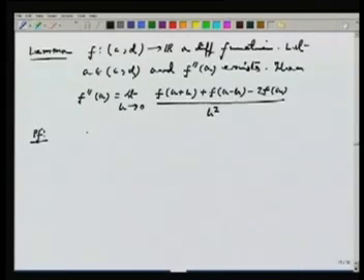What I do is I look at the function g(h) equals f(a+h) + f(a-h) - 2f(a).